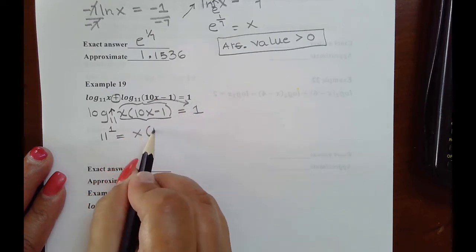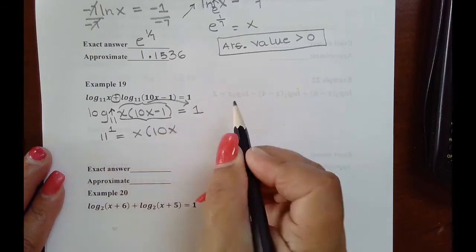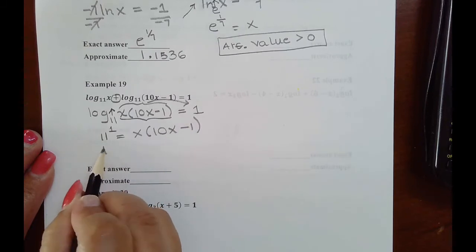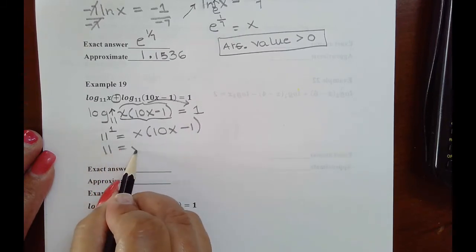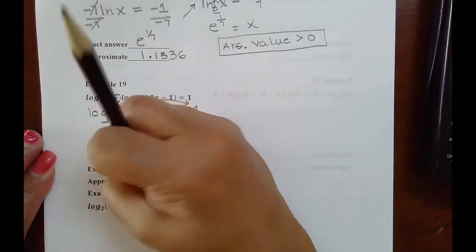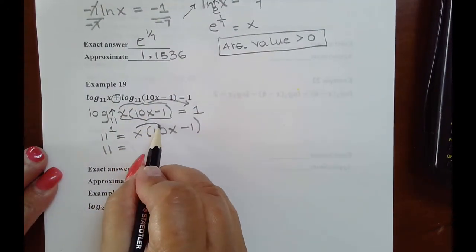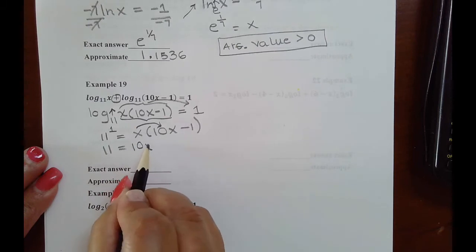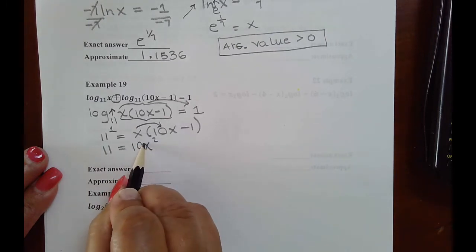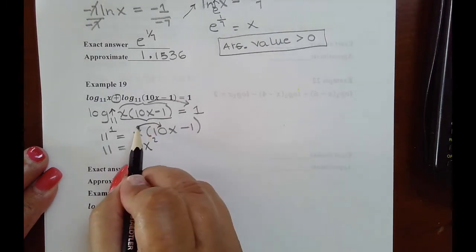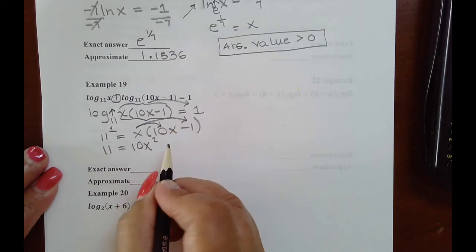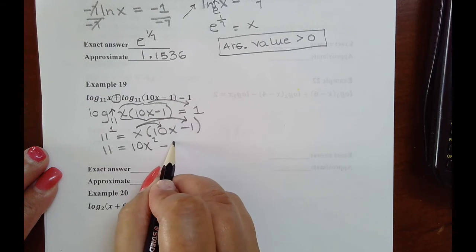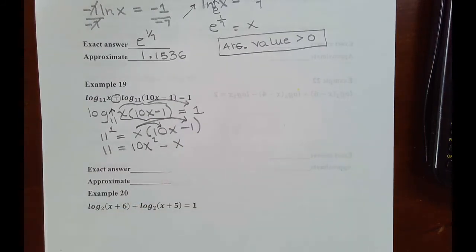So x times 10x minus 1, this would be 11, is equal to 10x squared as you distribute that x into the parenthesis, multiplying it by 10x, that would give you 10x squared. Then x times negative 1 would be negative x.